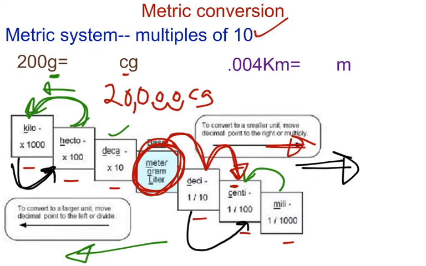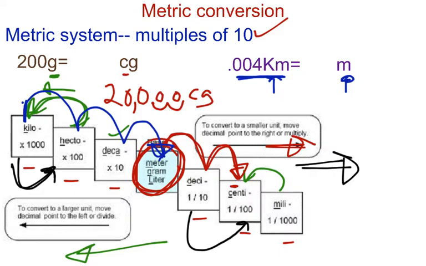Let's do another example. We have 0.004 kilometers. Folks, don't let the numbers throw you off. They're just numbers. What you concentrate on is the prefix and the units. We are going from kilos to meters, so we're going from larger to smaller, and the direction is to the right.